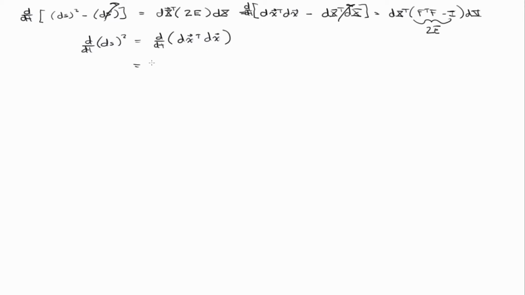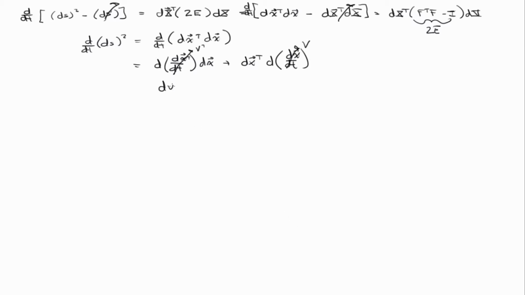So if I do that, remember, just using the chain rule and the same idea, this is d/dt of dx, dx plus dx transpose d/dt of dx, right? Well, this is the velocity, this is the velocity, right?